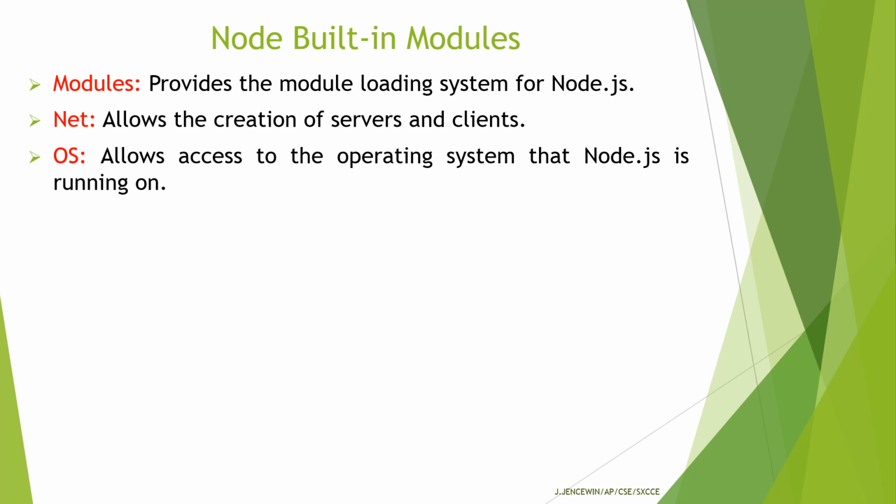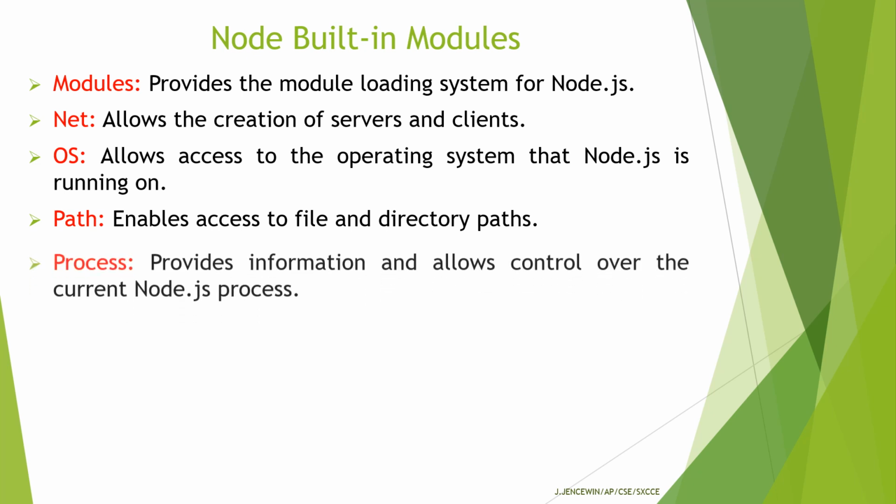This module allows access to the operating system that Node.js is running on. It provides functions to interact with the operating system and gather information about it. Then the path module, this enables access to file and directory paths. It provides different utilities for handling and manipulating file and directory paths.